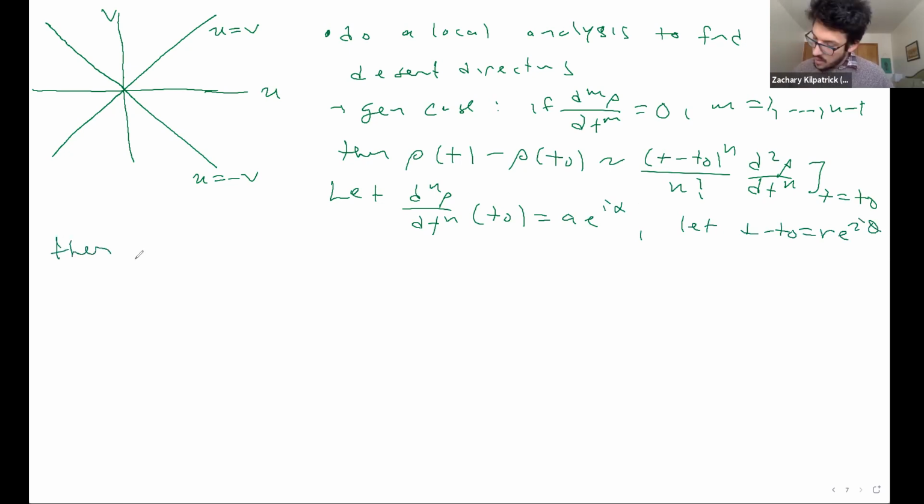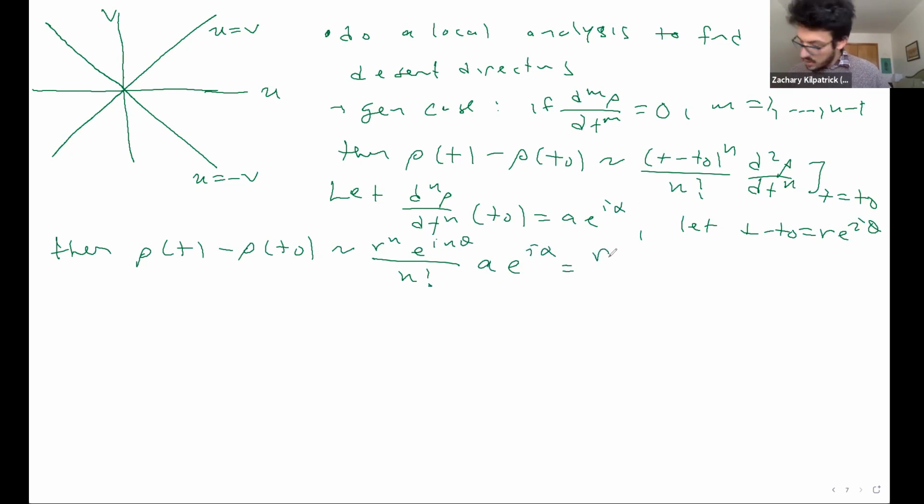then rho of t minus rho of t0 is approximately equal to r to the n e to the i n theta divided by n factorial, times a e to the i alpha, which is equal to a r to the n over n factorial times cosine of alpha plus n theta plus i sine of alpha plus n theta.